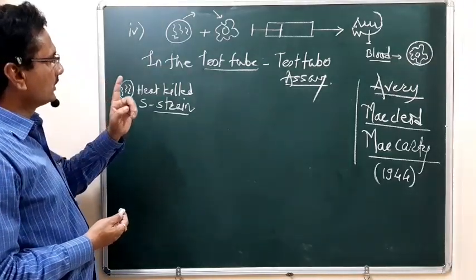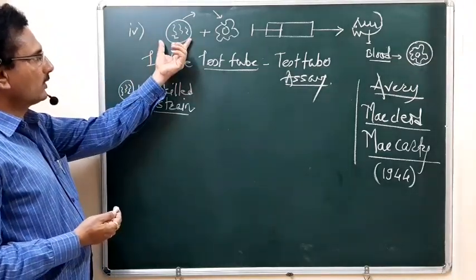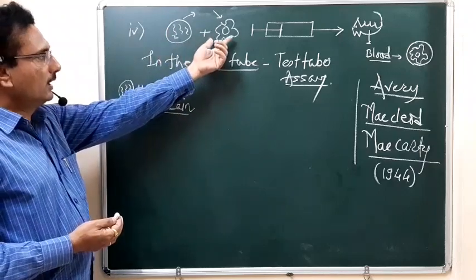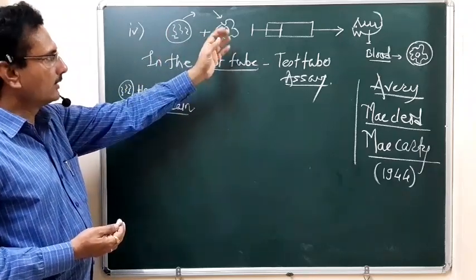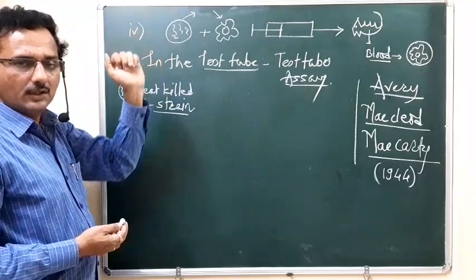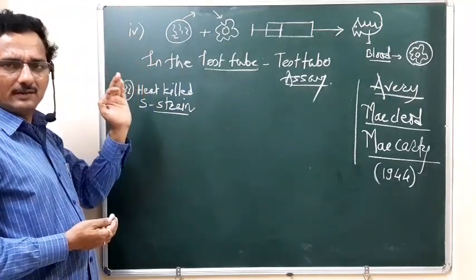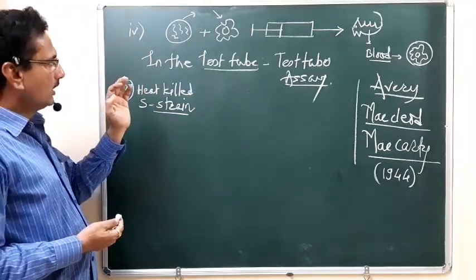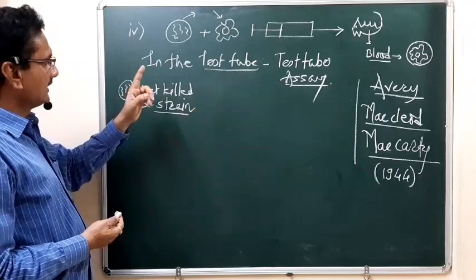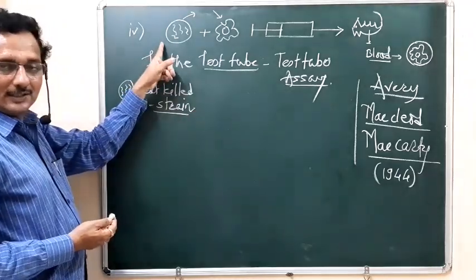What was that conclusion? Something is transferred from the heat killed smooth strain to the rough strain, and because of that the rough strain changes property. So with respect to that conclusion, these three scientists isolated all the components from the heat killed smooth strain.